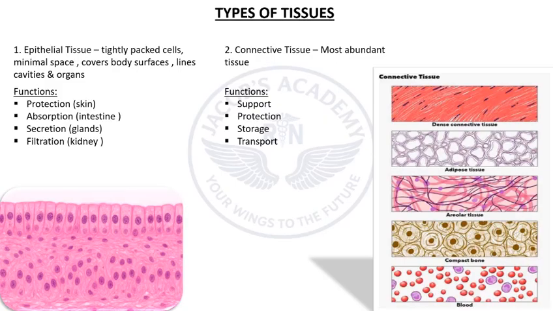It contains cells that are spread apart within a matrix, which may be fluid, semi-solid, or solid. This structure allows connective tissues to transport nutrients, store energy, fight infections, and provide physical support. That is connective tissue. Here is an image for epithelium and connective tissues and their layers.